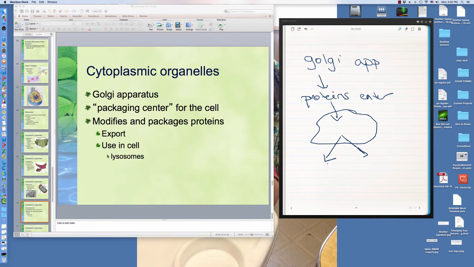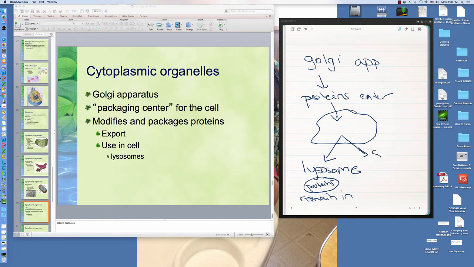So they either exit the cell in what is referred to as a lysosome, which is proteins contained within a membrane that are going to remain in the cell. So this particular group of proteins will be in a membrane and they will stay in the cell.